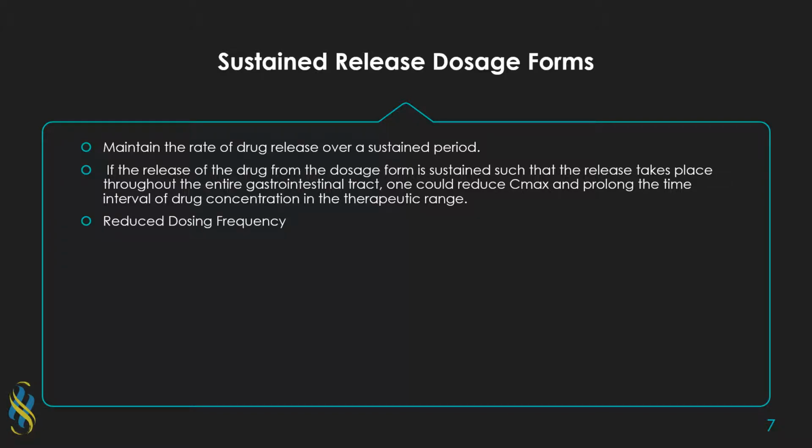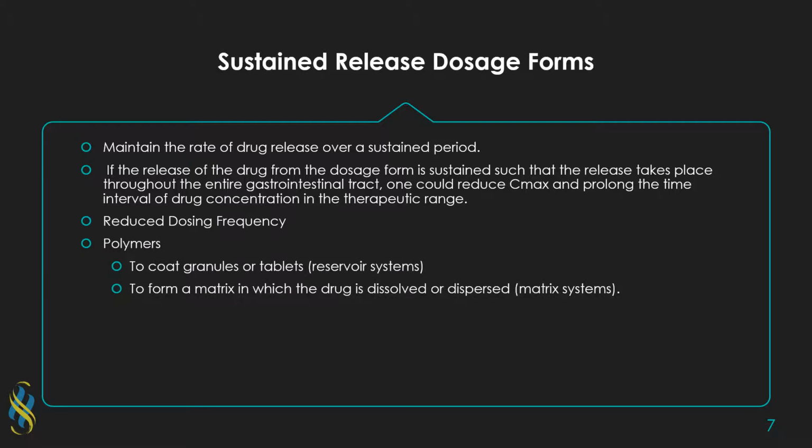Sustained release dosage forms achieve this mostly by the use of suitable polymers, which are used either to coat granules or tablets in case of reservoir systems, or to form a matrix in which the drug is dissolved or dispersed in matrix systems.